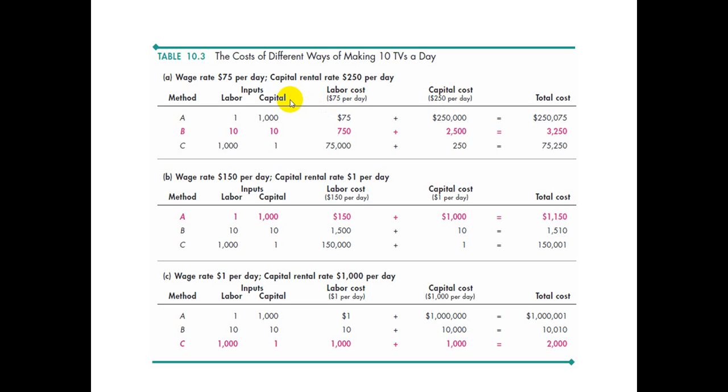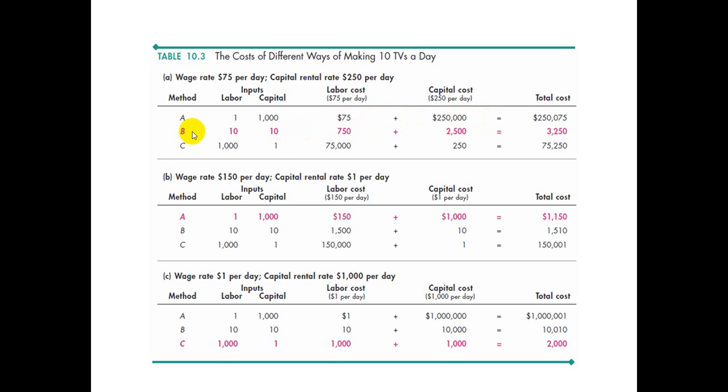What is that? We have inputs, capital 1000. 1000 times 250 equals 250,000. So if you want to calculate total cost here, 75 plus 250,000 equals 250,075.